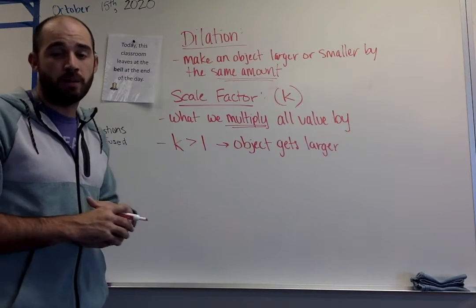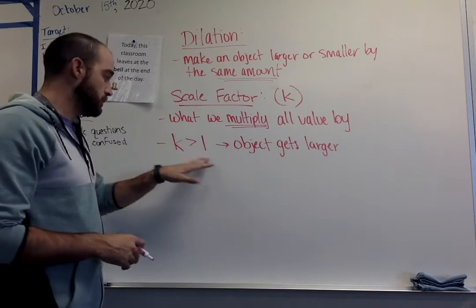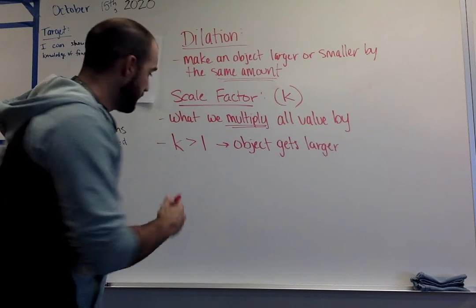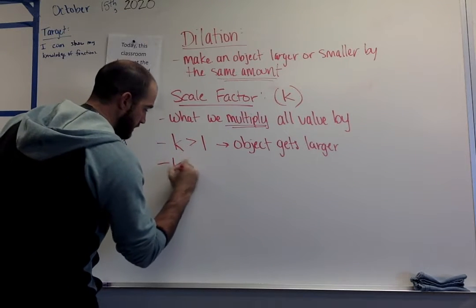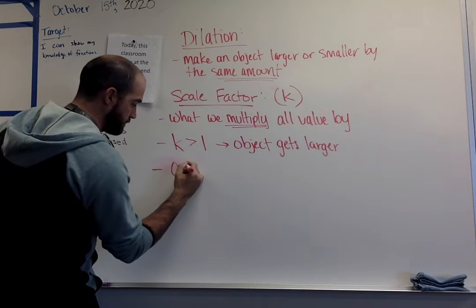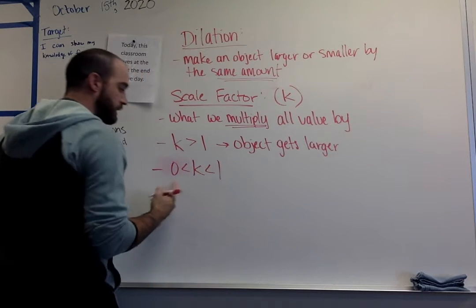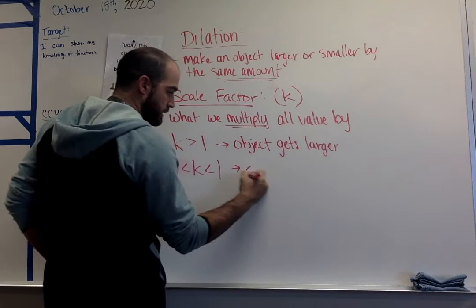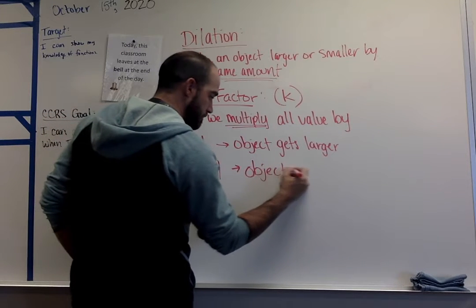Same idea with our objects. If we multiply it times something larger than 1, it's going to get bigger. With our other k value, if our k value is between 0 and 1, the object gets smaller.